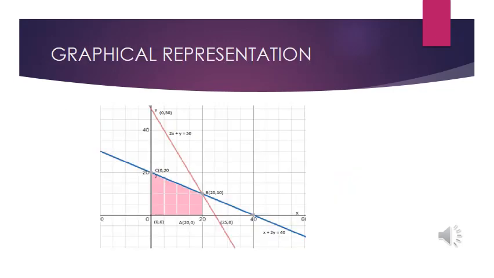We will now solve this problem graphically. Let us graph the constraints stated as linear inequalities. Same like the previous question, we will draw the straight lines for the equations 2x plus y is equal to 50 and x plus 2y equal to 40.